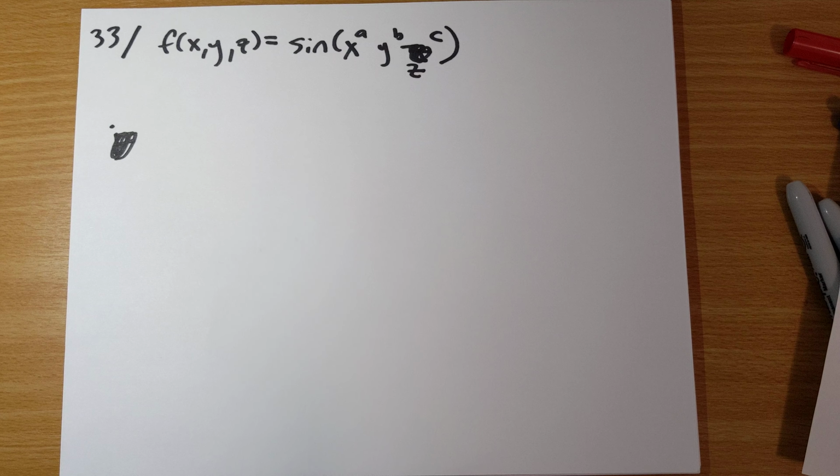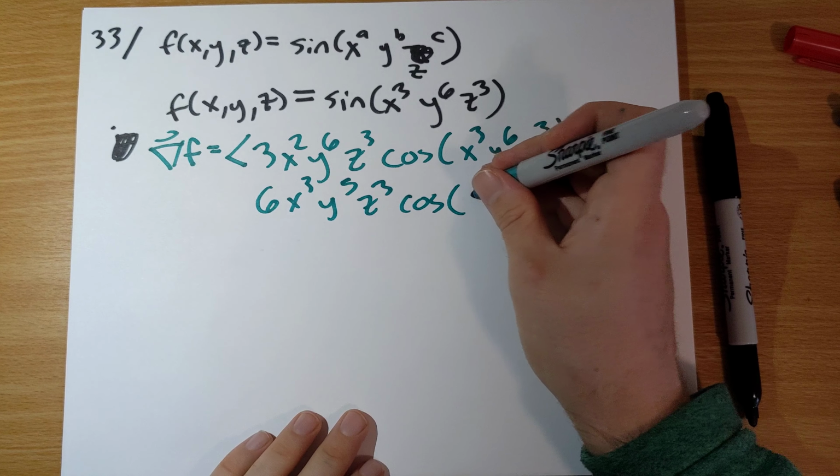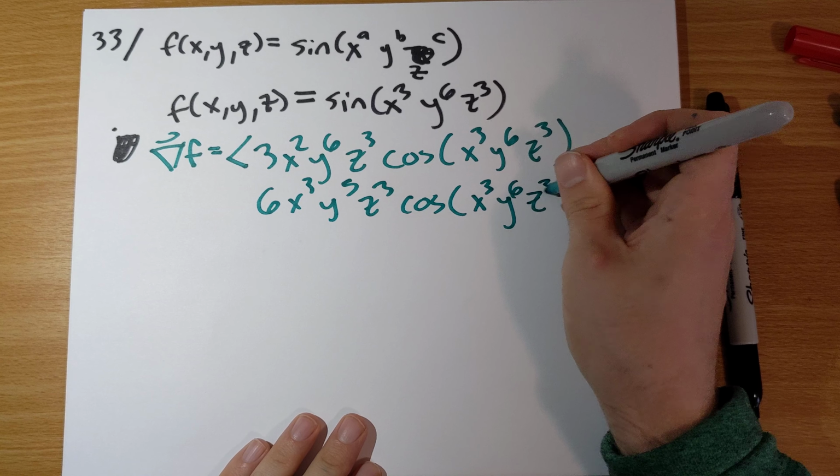The x partial derivative is 3x squared y to the 6th z cubed times cosine of x cubed y to the 6th z cubed. The y partial derivative will be 6x cubed y to the 5th z cubed times cosine of x cubed y to the 6th z cubed.